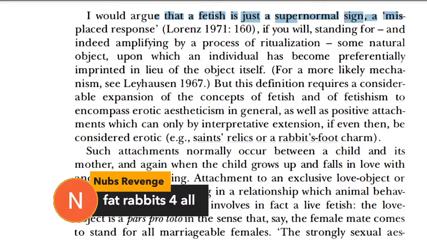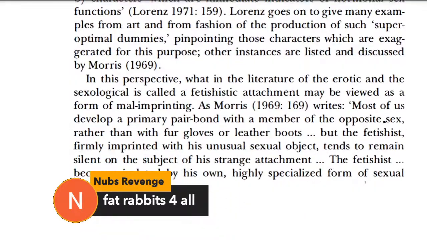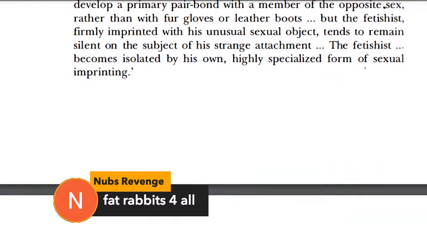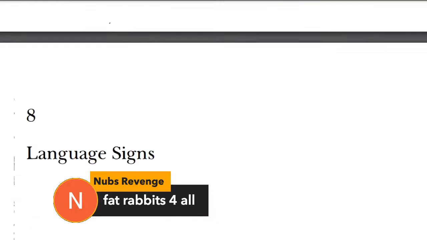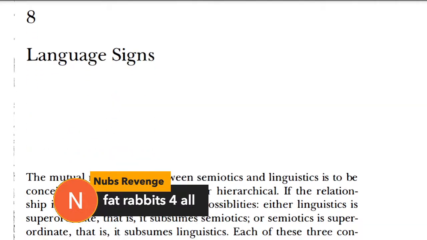So at that, I'd say that Siebeck was basically marginalizing the whole concept of fetishism, as just another supernormal sign or other form of semiotic that just has overlapping of the varieties or species of semiotics of signs.